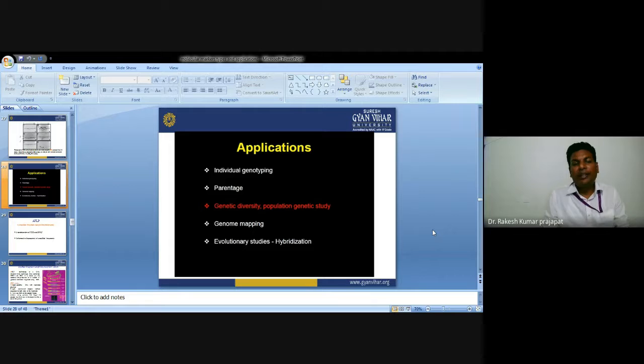Parentage identification, parental identification, genetic diversity explorations, population genetic studies, genome mapping, evolutionary studies, or hybridization can be identified by using these SSR markers. Genome mapping can be done, genetic diversity, population genetic study also. Parentage identification can be used.